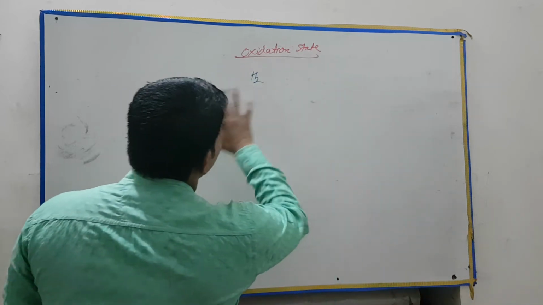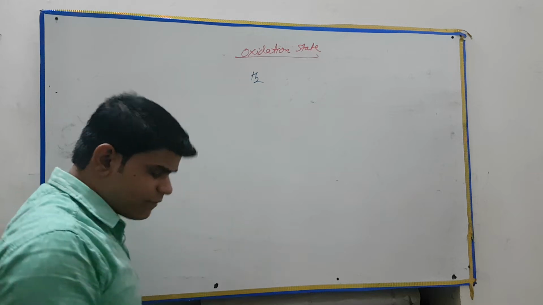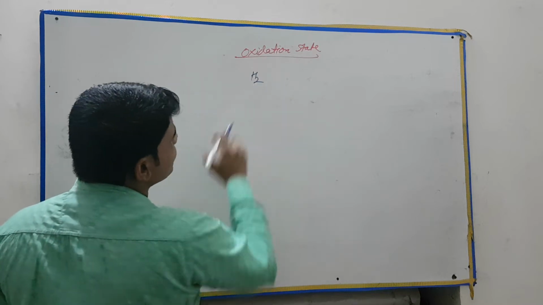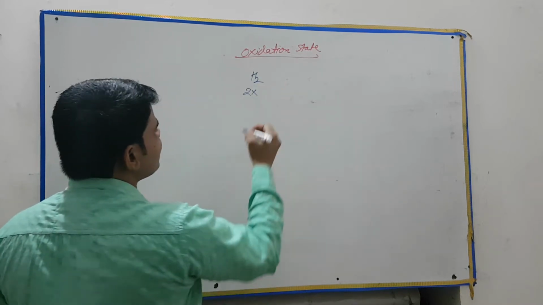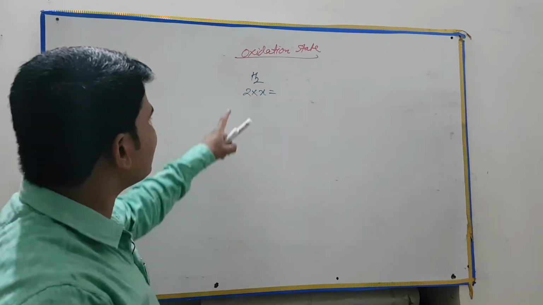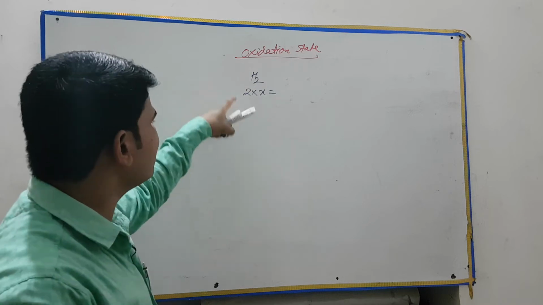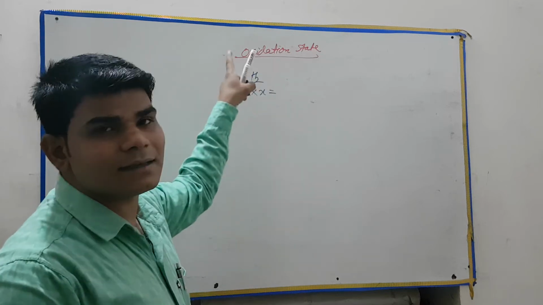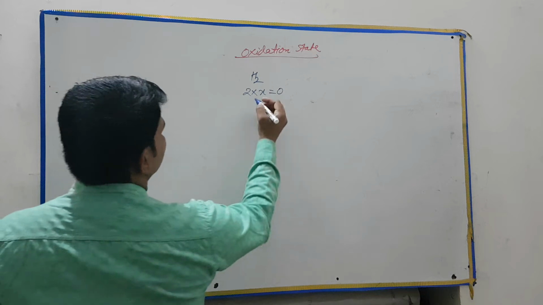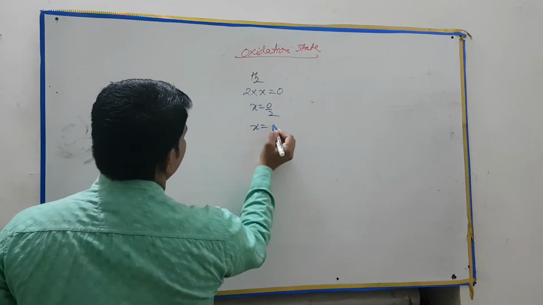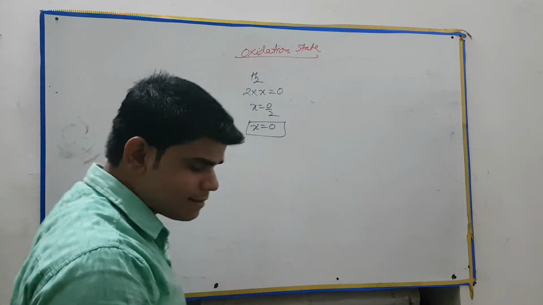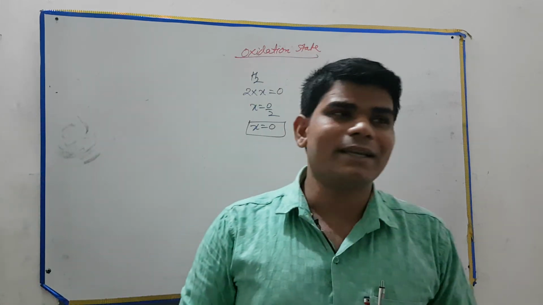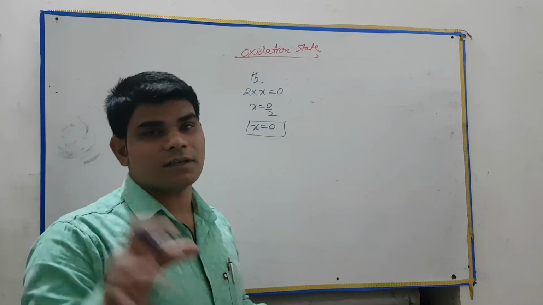Simply take X for the species. There are 2 hydrogens, so 2 into X equals the charge on the molecule. There is no charge around it, so take 0. So X equals 0 by 2, which is 0. This way you can easily find the oxidation state of the given species.